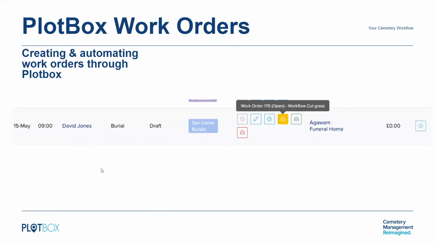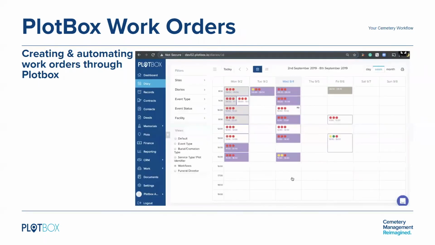They give you an easy indication as to what's been started with the workflow and what configuration has been set up by the user, depending upon what conditions and triggers have been put in place for the actions themselves. Also from the calendar view, if you want to see the weekly, daily, or even monthly view, based upon the event, you can see the workflow indicators that will show you the status.